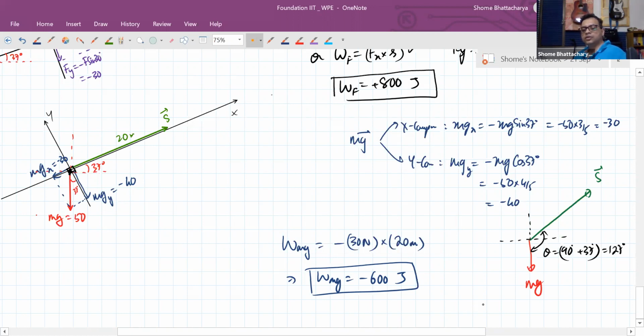So work done by mg is mgs cos 127. If you know your trigonometry properly, you can also understand why this is becoming this.